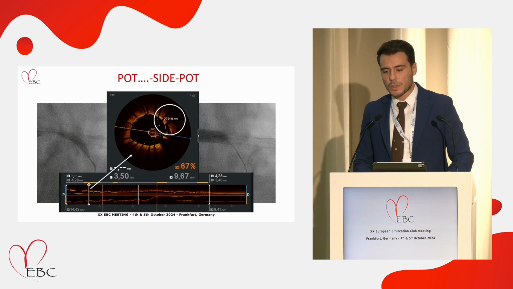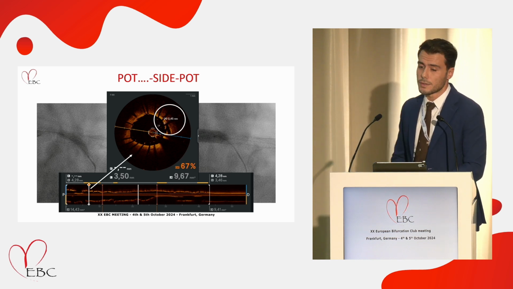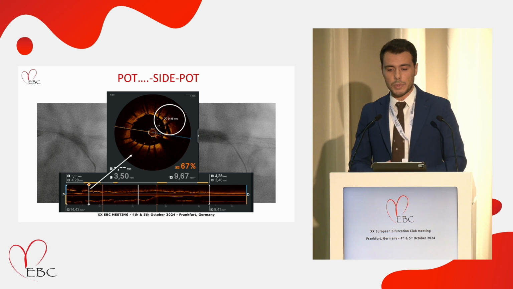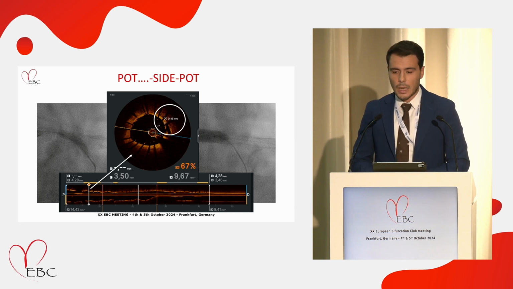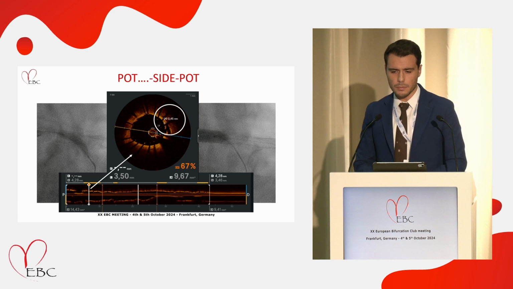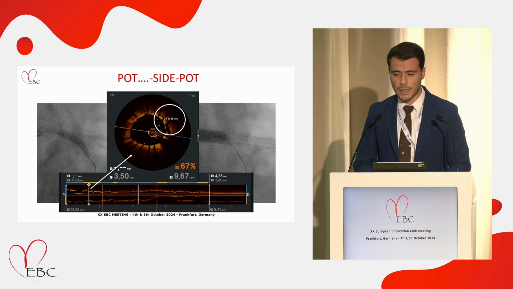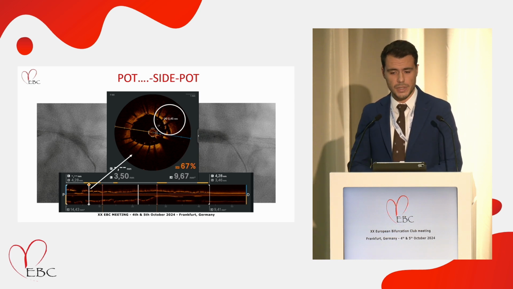So the result was this one. That was actually not really satisfactory because we got some significant malposition at the level of the ostium and the proximal part of the LAD, up to 450 microns, and also a severe underexpansion of the stent that was 67%.